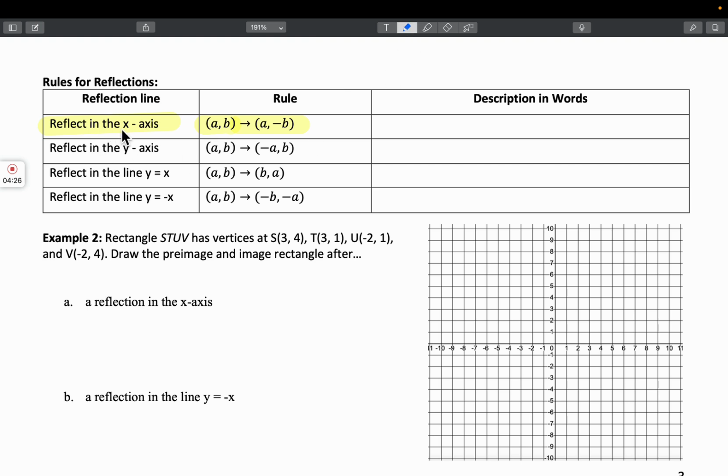In other words, when you reflect over the x-axis, you change the value of the y coordinate. So (a, b) went to (a, -b). When we reflect over the y-axis, (a, b) will now be (-a, b). In other words, we are going to change the value of the x coordinate.